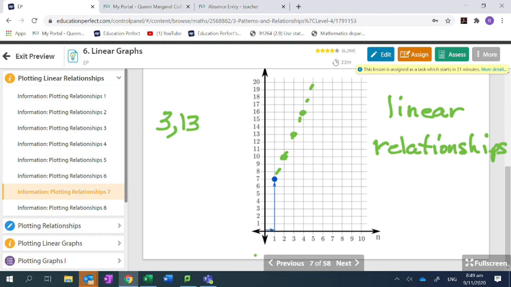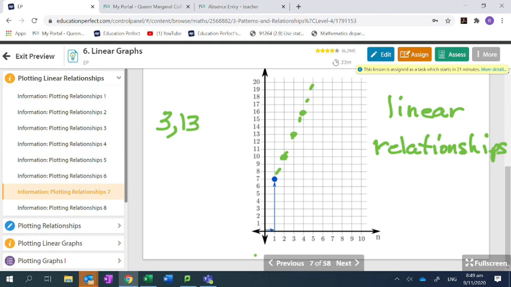Okay? Now, we'll talk in a minute about when you're allowed to draw a straight line and when it's not. If you're just plotting points from a relationship, you don't normally connect them with a line. You just plot the points.